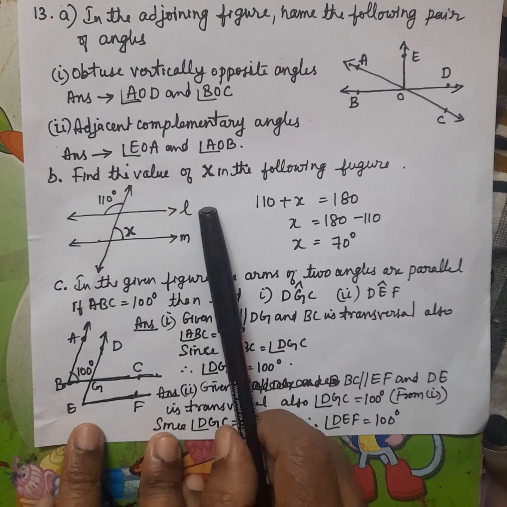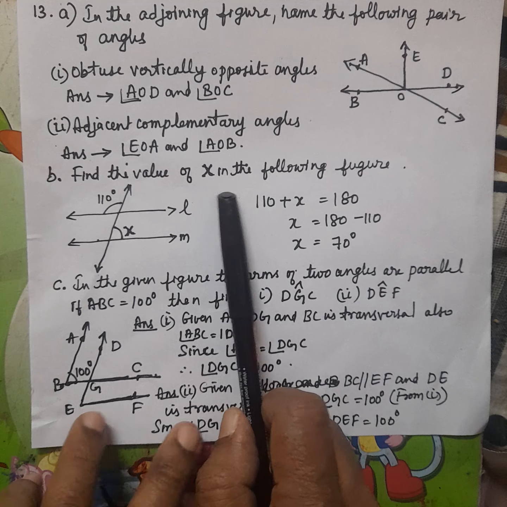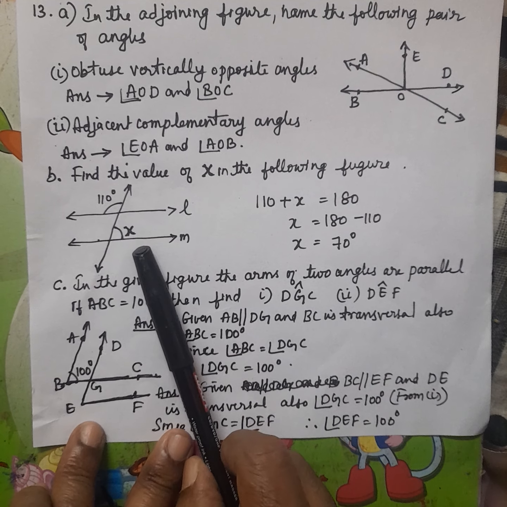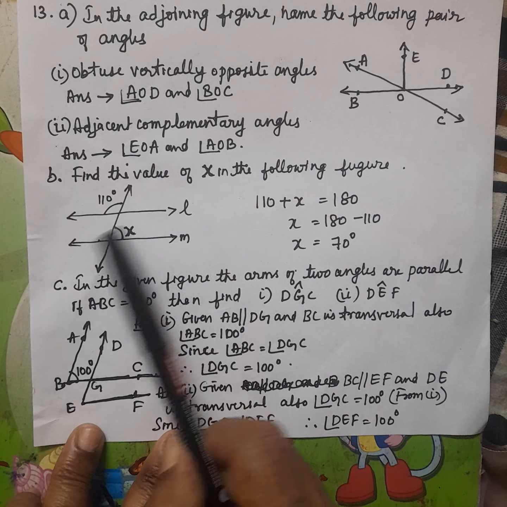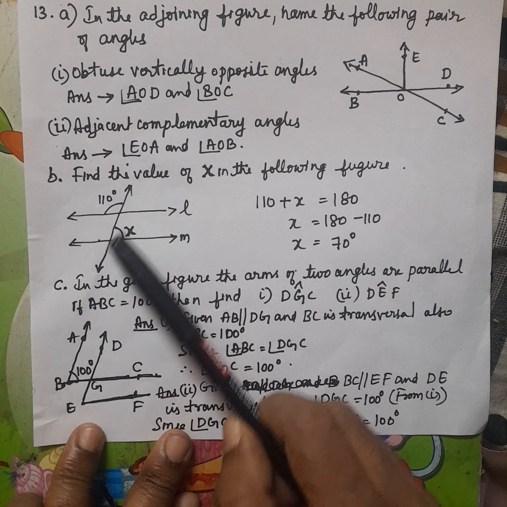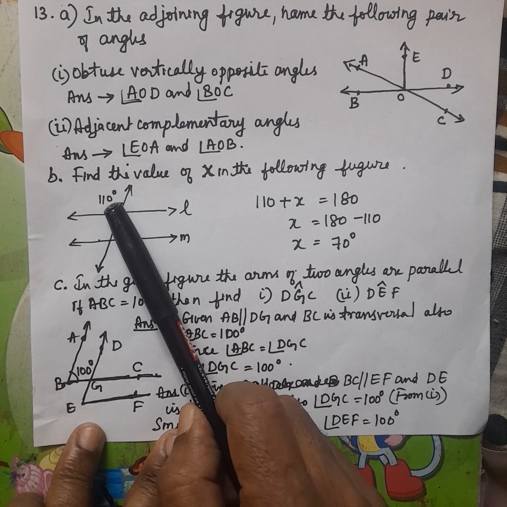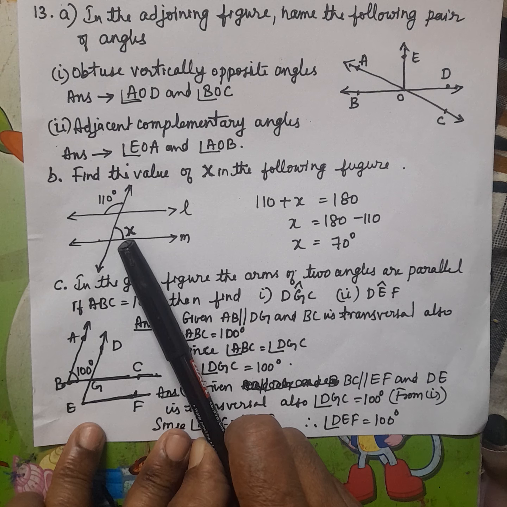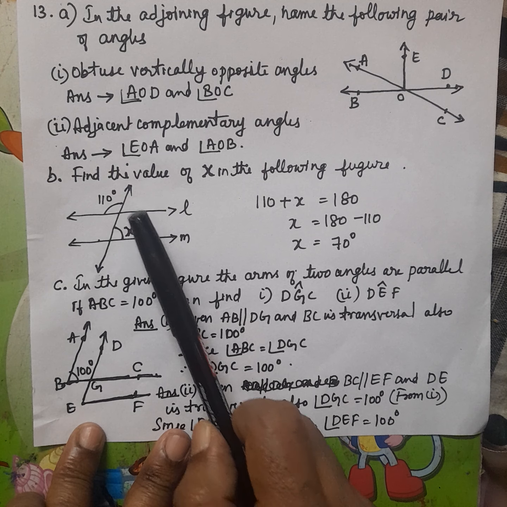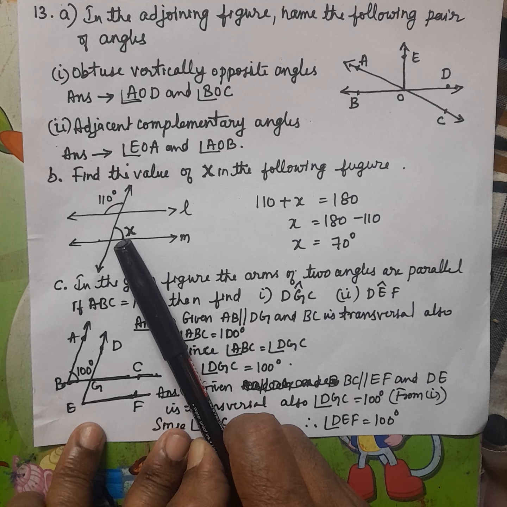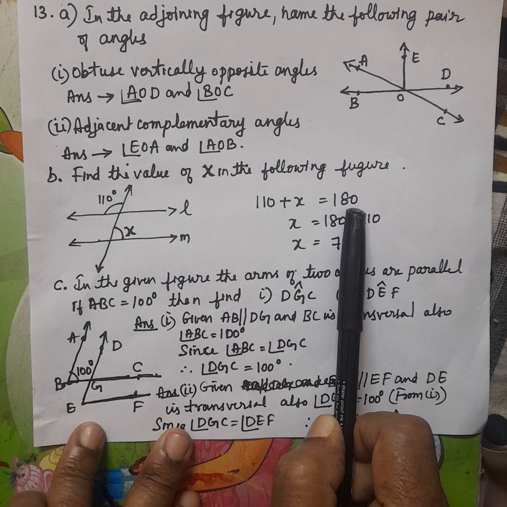Now the next question, find the value of x in the following figure. Here there are two parallel lines and a transversal line. This angle is given, we have to find the angle x. As you know, the addition of these two angles becomes 180 degrees.